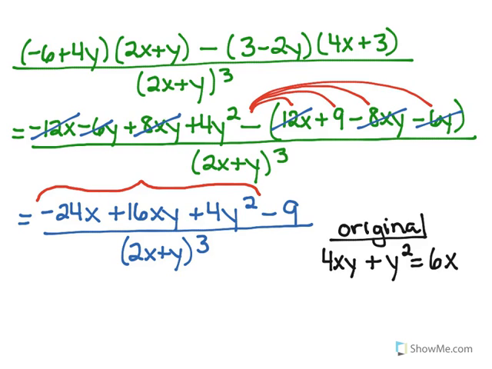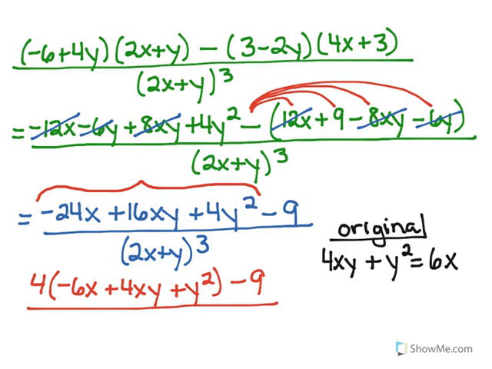So that's going to give me 4 times negative 6x plus 4xy plus y squared. Then I have this random minus 9 at the end, but that's okay. 2x plus y quantity cubed on the bottom.